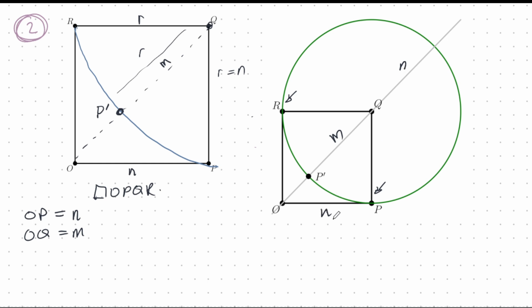So this is N, and then this has to be N, and this has to be N also, and this too, because it's all a square. So the radius is N.